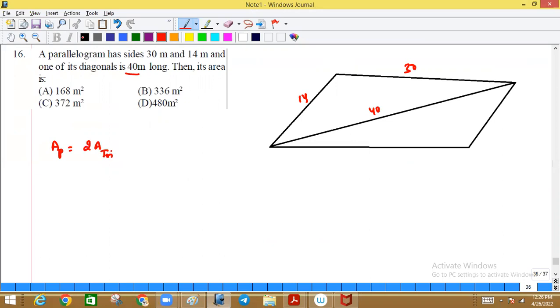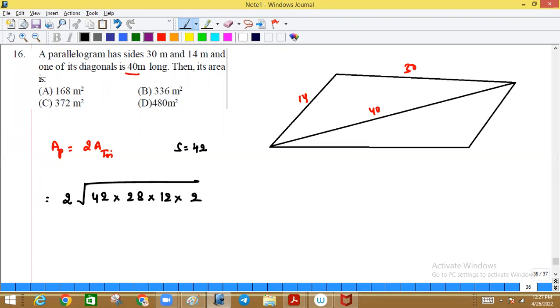What is the area of a triangle when 3 sides are given? 2 into under root of, because 2 is there. S is 84 by 2, you can say 42. 42 minus 14 is 28, 42 minus 30 is 12, 42 minus 40 is 2.